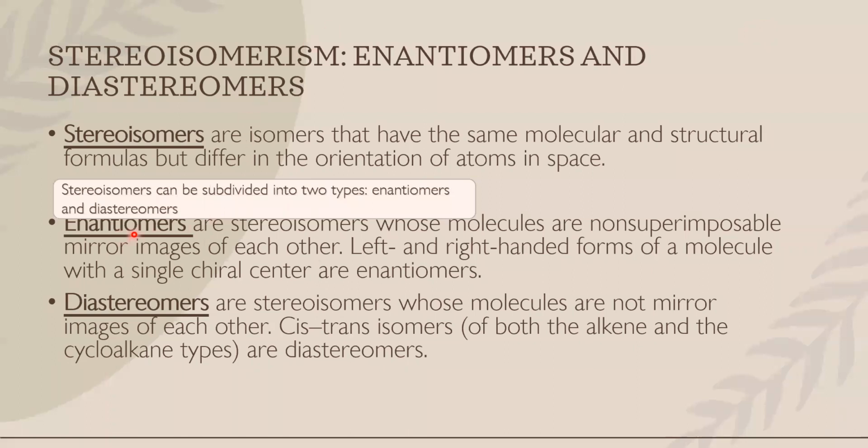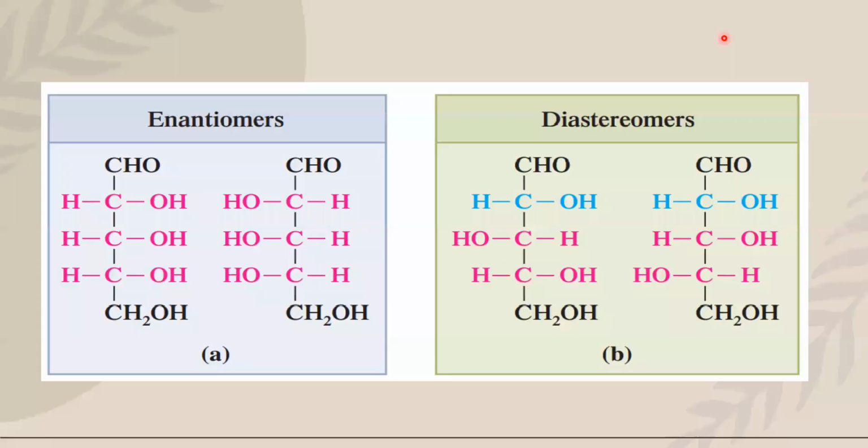Okay, so ano ba ibig sabihin nitong enantiomers? Enantiomers comes from the Greek word enantios, meaning opposite. Okay, so we have here an example of enantiomers and diastereomers. Enantiomers again are a type of stereoisomer whose molecules are non-superimposable.